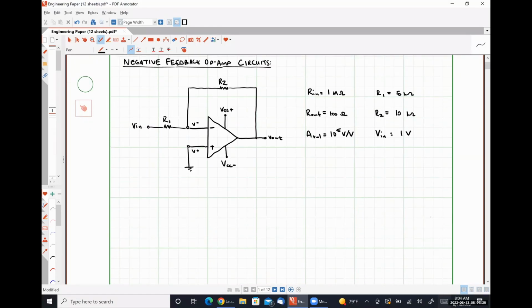We are going to try to find the following quantities. First, our output voltage. Second, our closed loop voltage gain, defined to be the ratio of Vout over Vin.